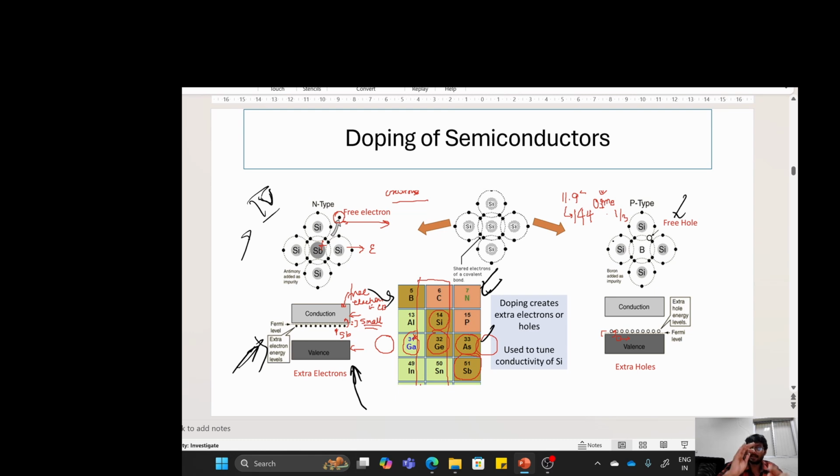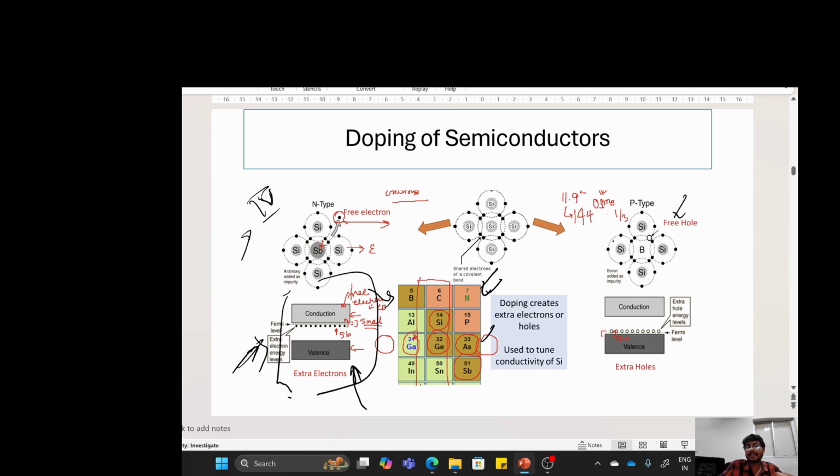At the Fermi level the probability of finding the electron is half, but you are not sure you can find an electron if there is no empty state. But as this case is a pure semiconductor, there are no states in between the conduction band and the valence band. Got the point?